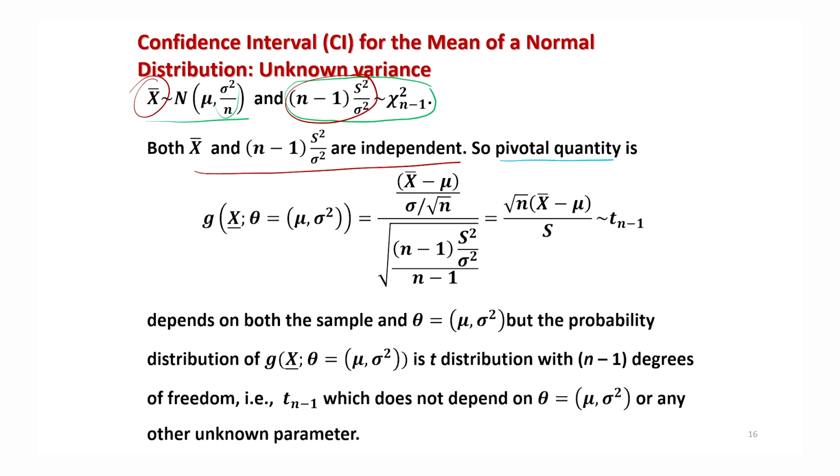So this pivotal quantity in this case is obtained like this. x bar minus mu divided by sigma by root n follows a normal 0, 1, and the square root of the chi-square random variable, n minus 1 s square upon sigma square, divided by its degrees of freedom n minus 1. If you consider this quantity, which will come out to be square root of n x bar minus mu upon s, this quantity will follow a t distribution with n minus 1 degrees of freedom, right?